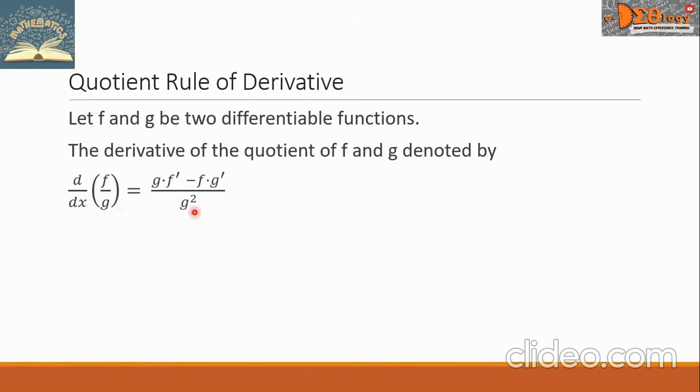The answer is a fraction where the denominator is the square of g. And in our numerator, we have two products. The first product is g times f prime, minus the second product, f times g prime, where the function g of x is not equal to 0.